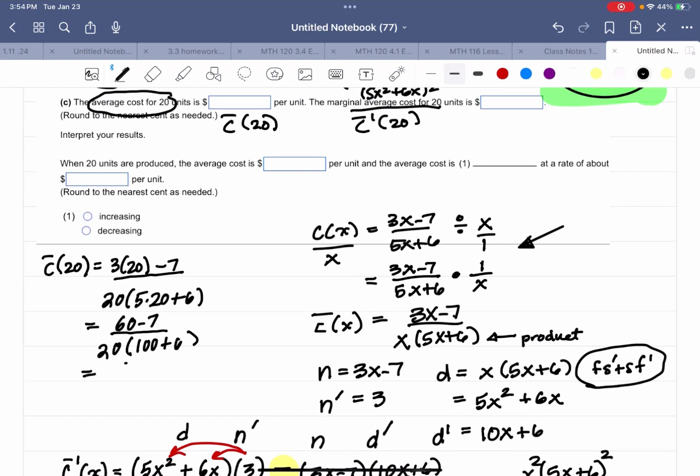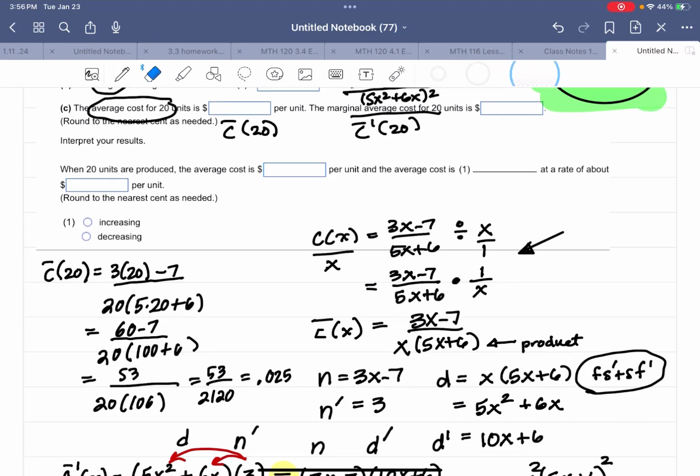So that's 53 over 20 times 106. 20 times 106 is 2120. 53 divided by 2120 is 0.025.